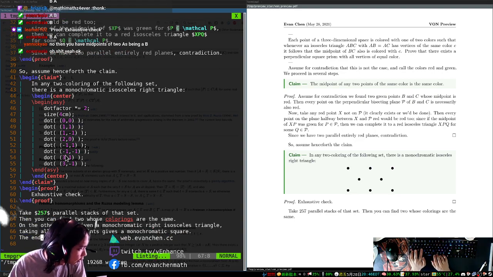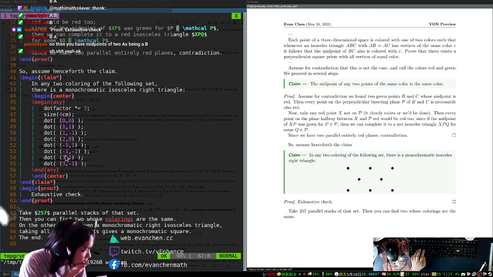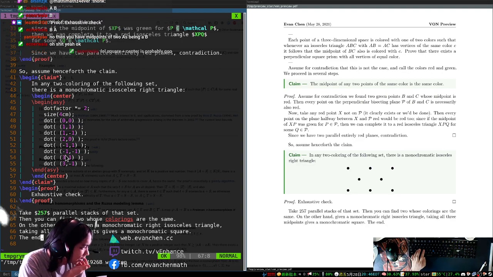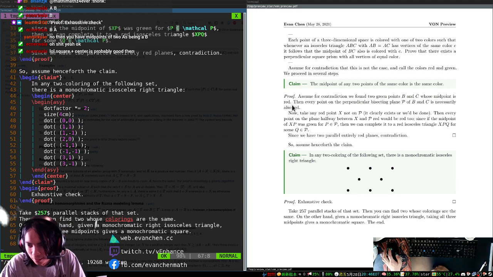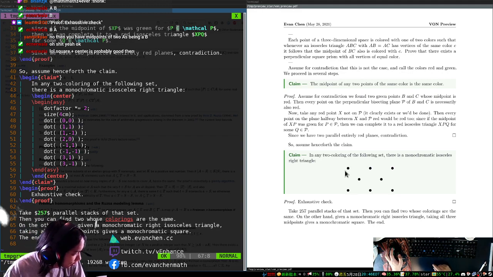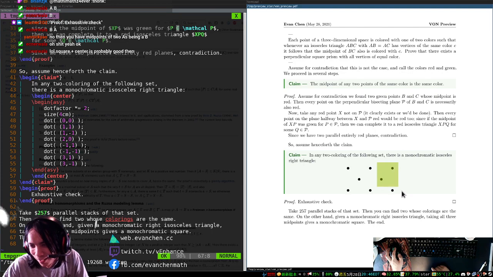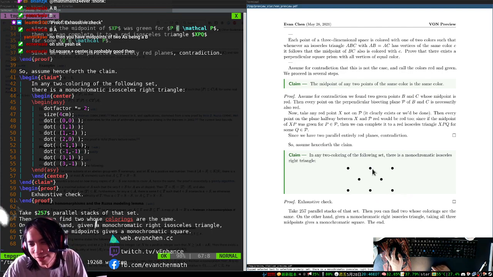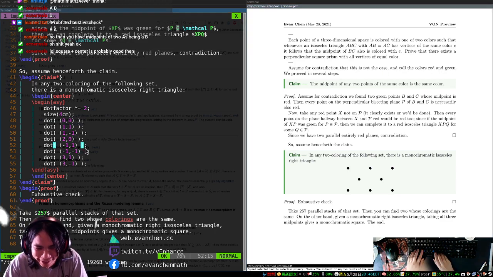The end. Midpoint of 2. Oh yeah, actually a square with center would have worked. Right, because we have this claim now. Okay, yeah, let's do that.